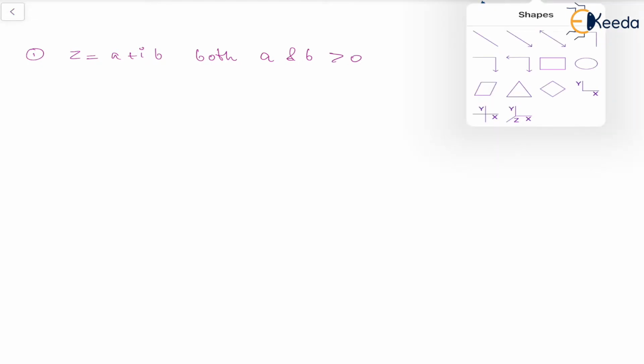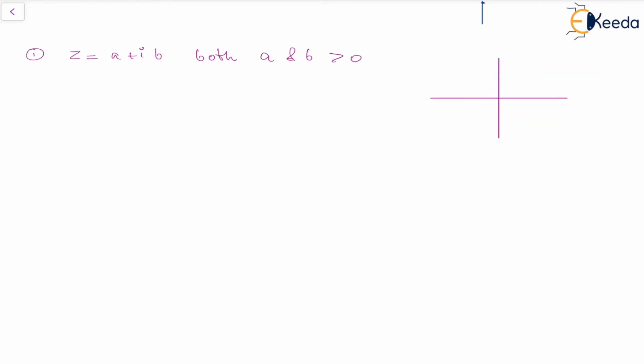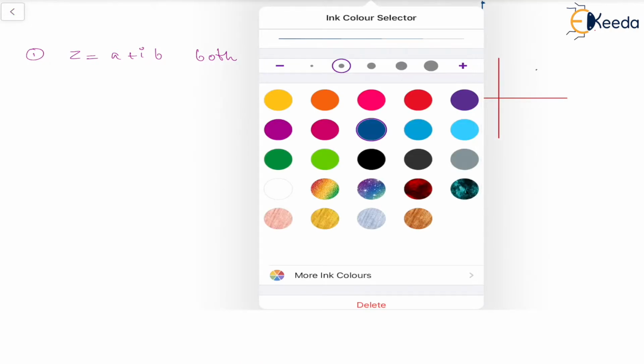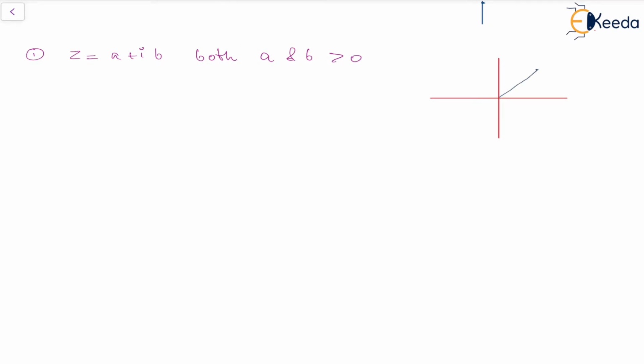this is where for z equal to a plus ib, both a and b are greater than 0. If both a and b are greater than 0, then it will be somewhere in the first quadrant. So let's say this is our z.